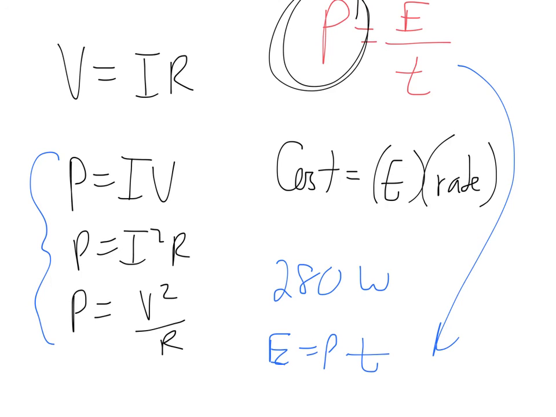But what do you put in for power? Do you put 280 watts? No. What do you put? 0.280 kilowatts. I'm doing this because energy is measured in kilowatt hours. The time period, whatever T is, say it's 5 hours, goes here, and you get energy. The units of kilowatt hours are really the same thing as joules, just different units. But these are the units you want to use for electrical energy, kilowatt hours.